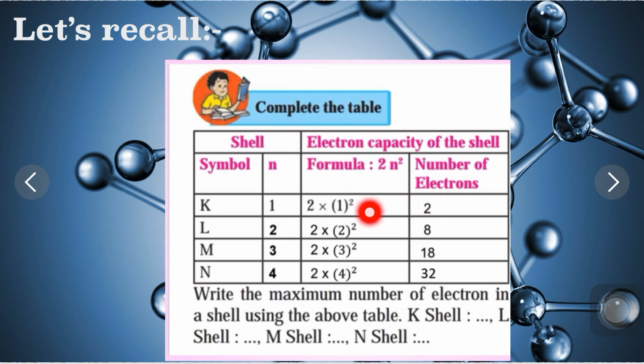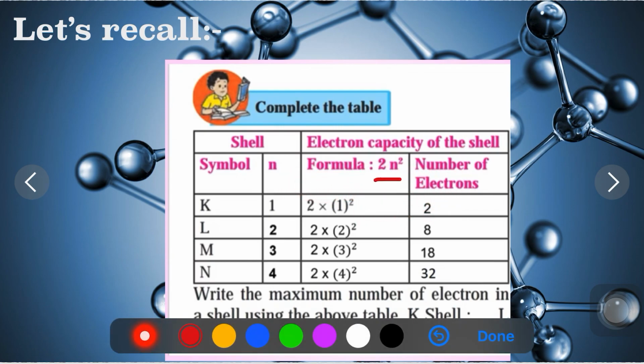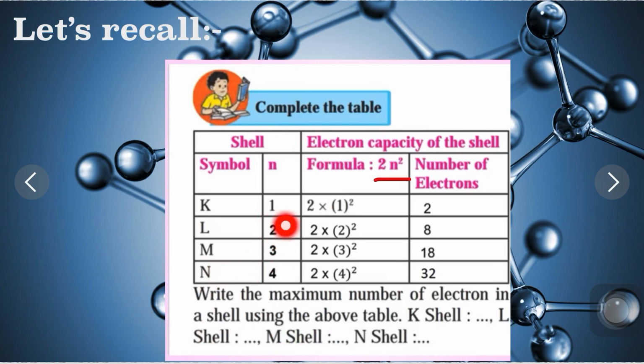Based on the formula 2n squared, you found out the number of electrons in the respective shells, that is K, L, M and N shells. The numbers of the shells were 1, 2, 3, 4 and so on.